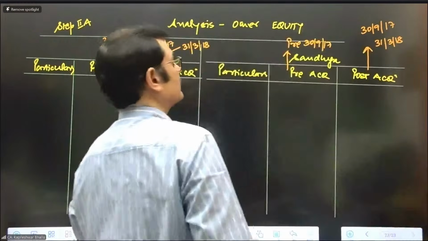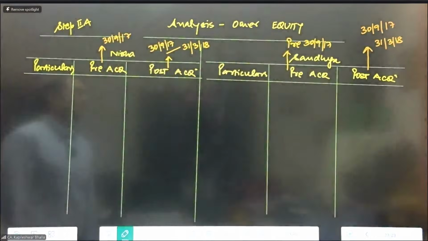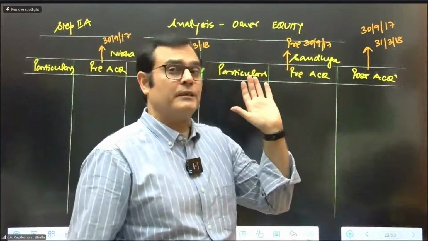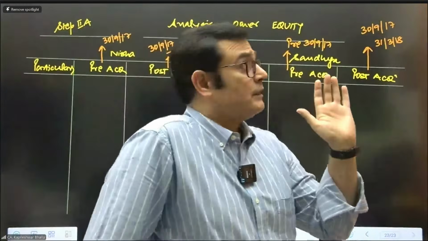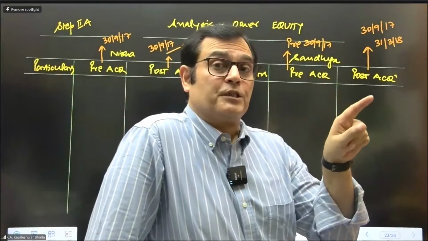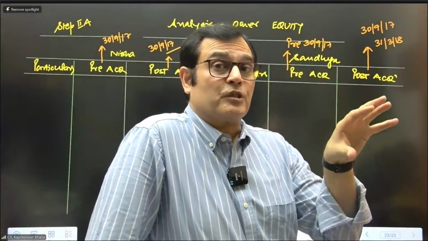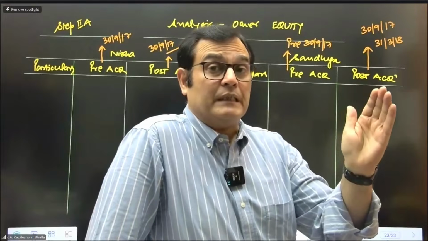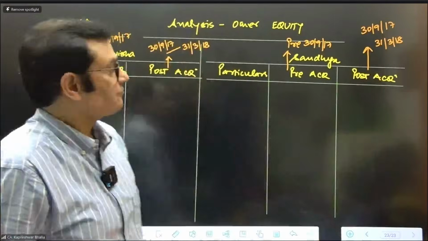It's always a good exercise to define the pre and the post. And when you define the post, your focus should immediately turn to the point that yes, out of the current year, 6 months is post acquisition and 6 months is pre. Only 6 months of the current year is in the post. So the current year time ratio effectively is 1:1.